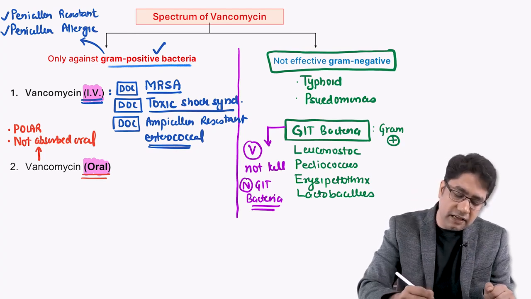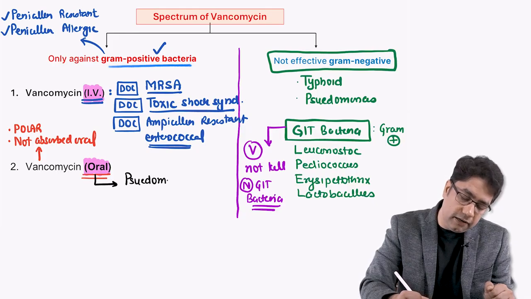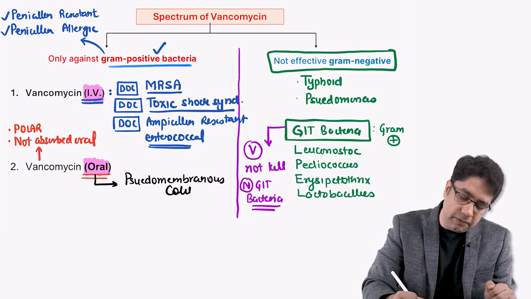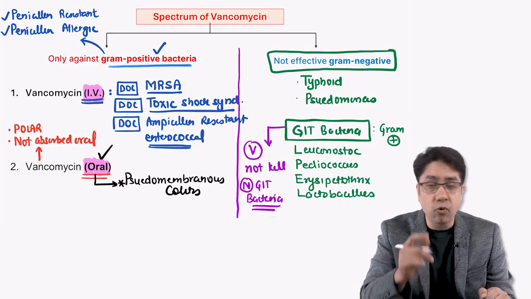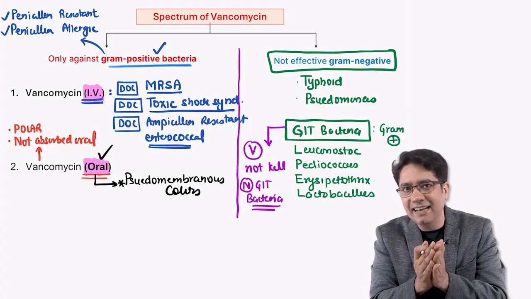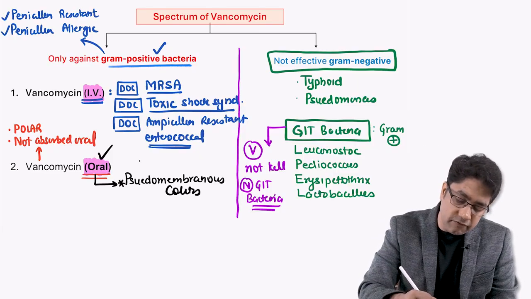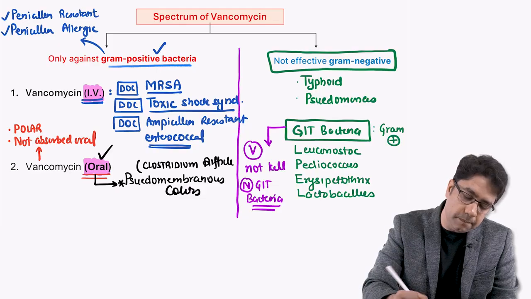This vancomycin will kill local infection in the GIT. It is considered to be the drug of choice for the treatment of pseudomembranous colitis. Colitis means this infection is only present in the GIT. Here we give oral vancomycin. It will not get absorbed, but it will kill this bacteria in the GIT. This harmful bacteria in the GIT, which is causing pseudomembranous colitis, is Clostridium difficile.